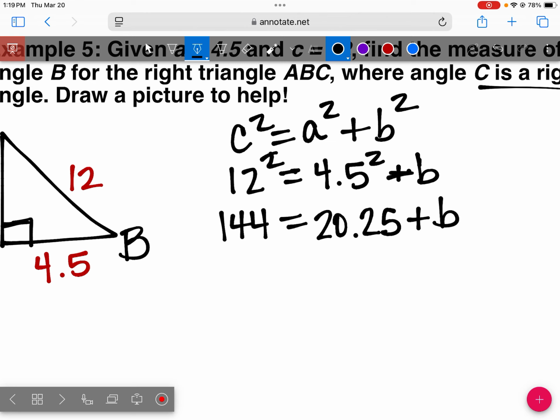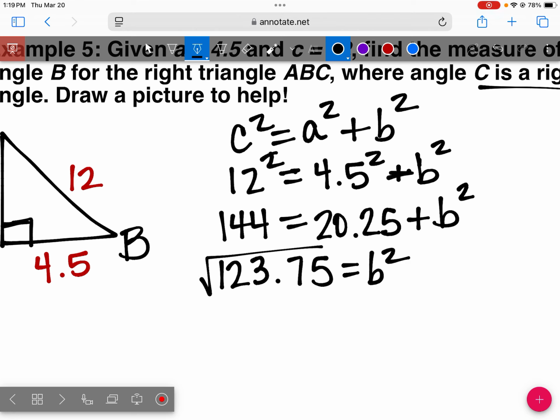Go ahead and subtract that from both sides. So 144 minus 20.25 is 123.75. And that equals b squared, not b. Take the square root. And you should get 11.1 for b. For little b. So lowercase b is 11.1.